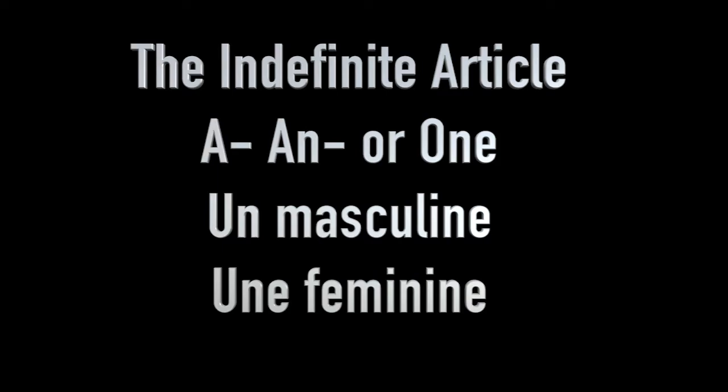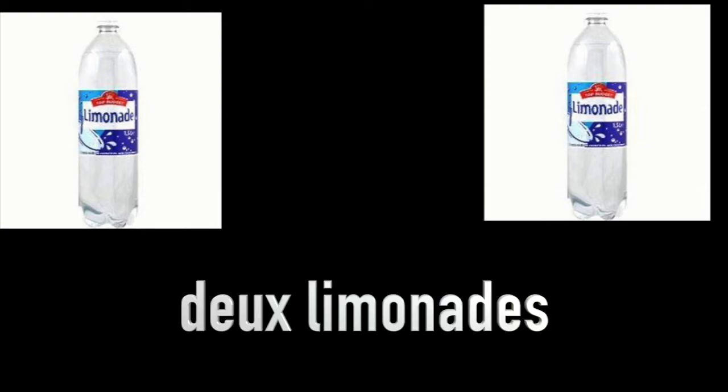Of course, you can very simply change the number, because une and un are also one. You can just change the number to ask for a different quantity of things. So, for example, we had une limonade, a lemonade, or one lemonade. Just by changing the number, we could have two lemonades. Why not say now what you think that would be? Deux limonades.